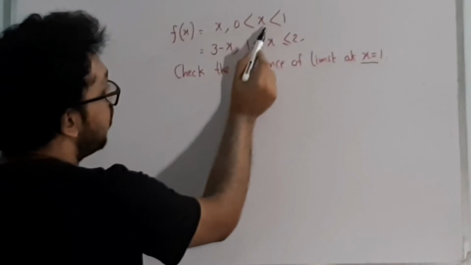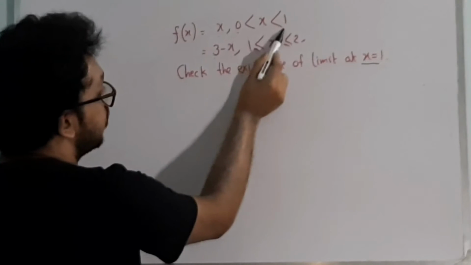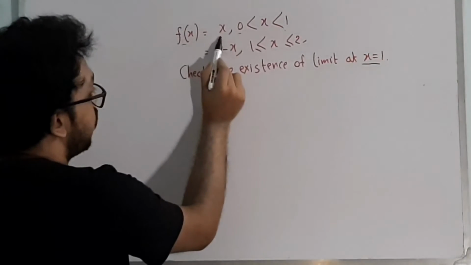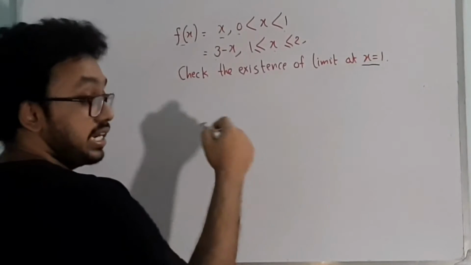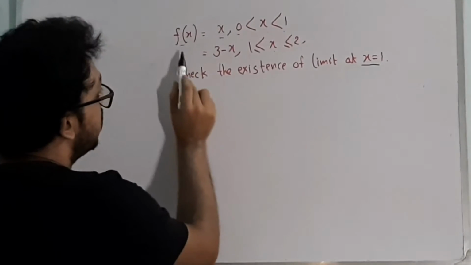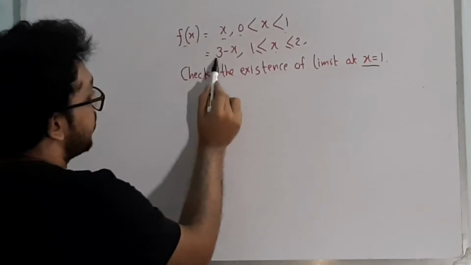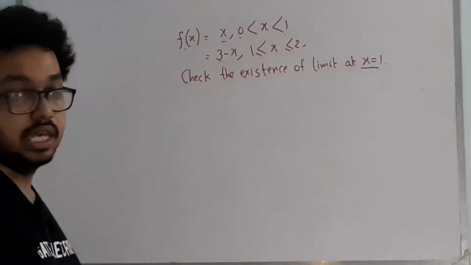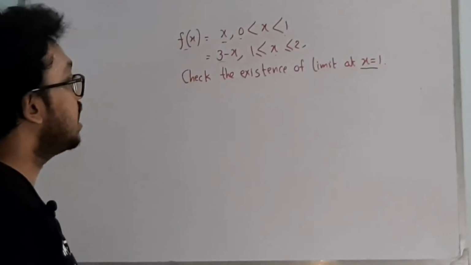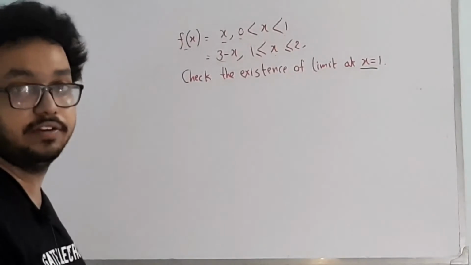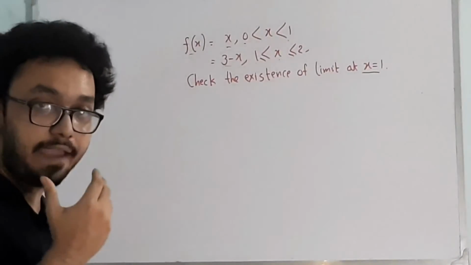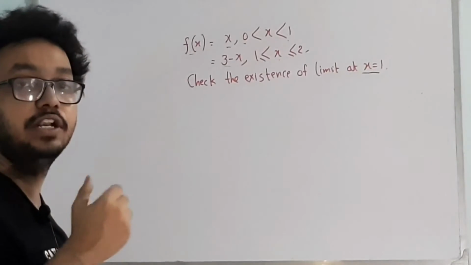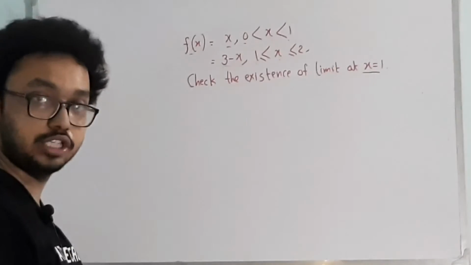When x is varying in the interval 0 to 1, f(x) has one expression, that is x. When x is varying in another interval, that is 1 to 2, the expression of f(x) comes as 3 minus x. This kind of functions are called piecewise defined functions because the expression of this kind of functions varies from one interval to another interval. Clear up to this part?